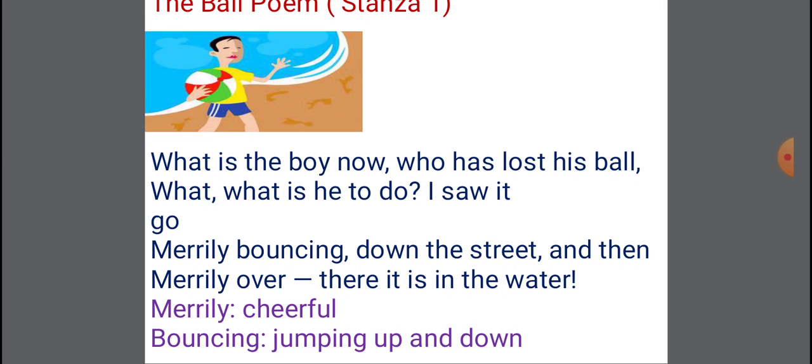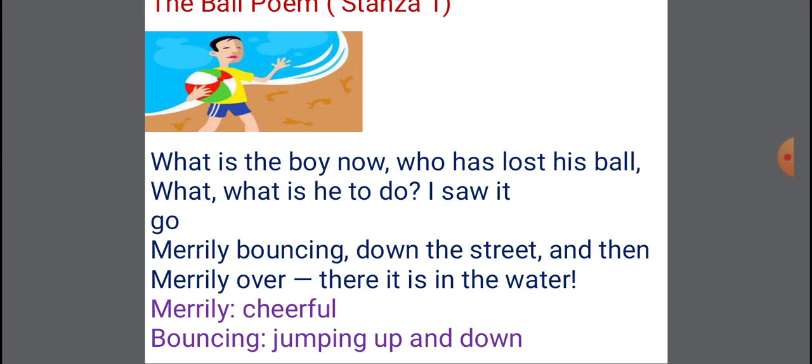So merrily means cheerful, bouncing means jumping up and down. The poet is talking about a boy who has lost his ball. He wants to know about him and his reaction because he has lost his ball. Further, he asks himself what this boy will do after losing his ball.